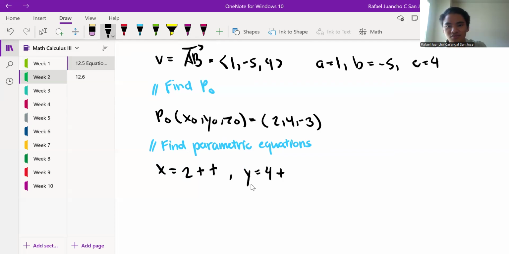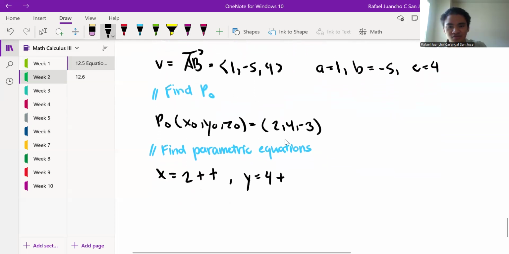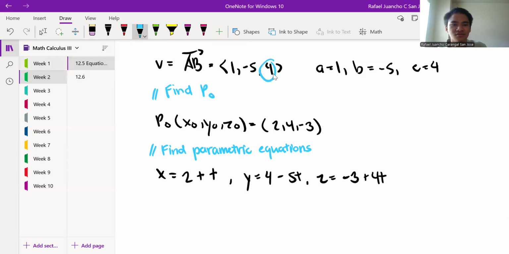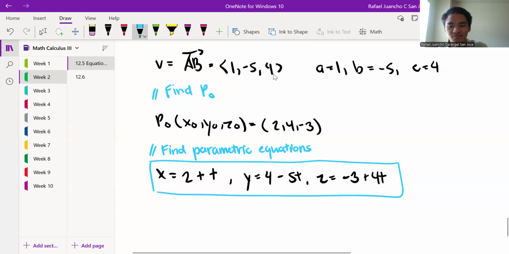We add it to negative 5t. So I'm probably going to say minus 5t. Yeah. And then for z, initial point is 4. I'm wrong. It's negative 3. I got it from here. And then plus 4t. Where did I get 4? Here. That's our vector parallel. And we just multiply t to make it into a parametric equation. So done. That's one of the steps.